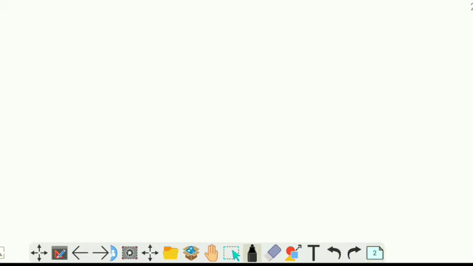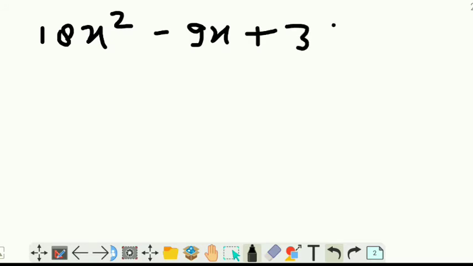Now we got 18x square minus 9x plus 35 equal to 0. So in place of 9 we can write 30 minus 21, which we got from the factorization.